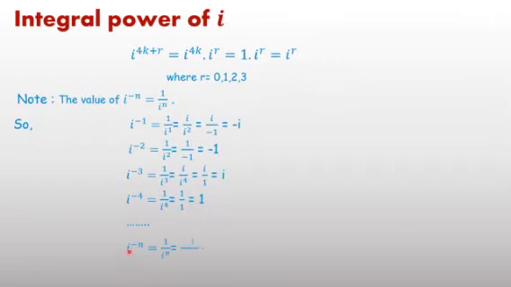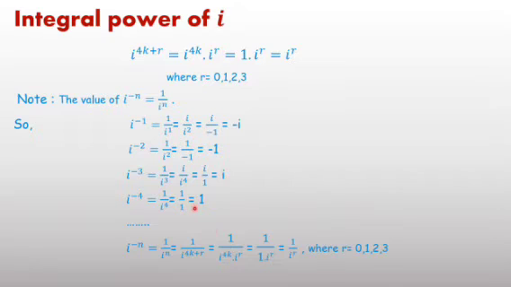In this pattern, if i^(-n) is written, you can write this as 1 upon i^n, and then write n as 4k plus r, equal to 1 upon i^(4k) into i^r. The value of i^(4k) is 1. You will get 1 upon i^r. Here the values of r are 0, 1, 2, 3.